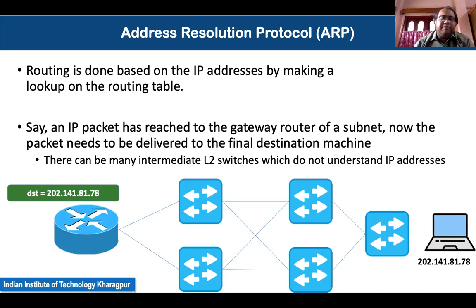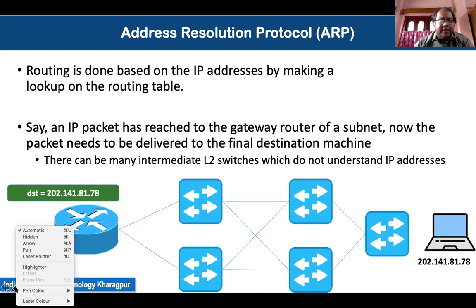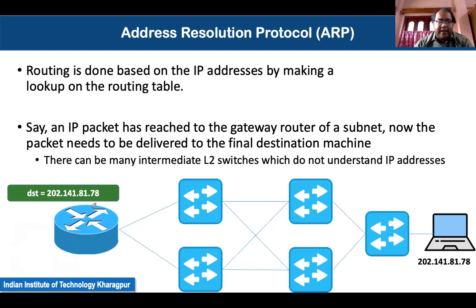So in the first example, let us say that an IP packet has reached the gateway router of a subnet. Say this is my gateway router, so the packet has reached here. Now I need to forward the packet from this router to the destination, where the packet has a destination IP of 202.141.821.78, and here is the destination machine.